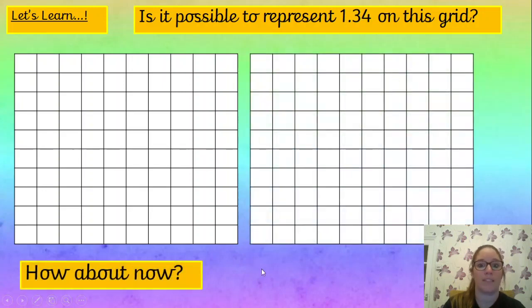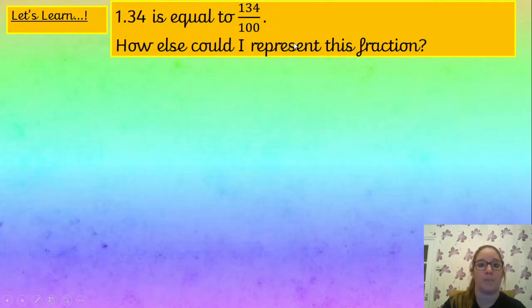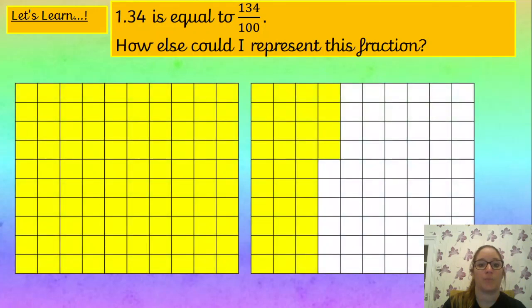Can we represent it now? Okay, yep, we can. Because this is our whole. Because 1.34 is 134 over 100. Okay, it's our fraction, so we can represent it like this. So this is our whole, we've got 100. Okay, then we've got 34 pieces shaded here.